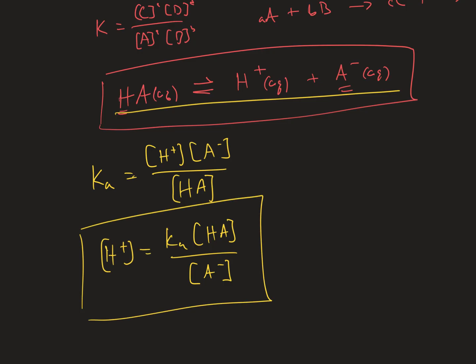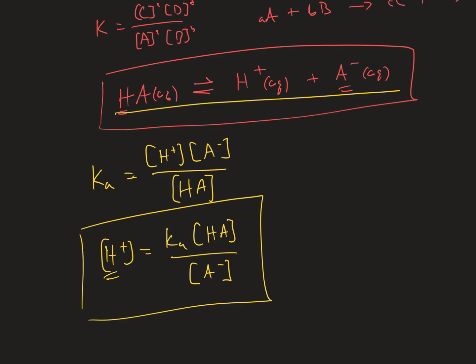So if we have the Ka value, and we have the concentration of our acid and the concentration of our conjugate base, then we can find the H plus concentration, which will then give us our pH, right? Are we okay with that? It looks a little bit like, I say Chinese because Chinese to me is like, whoa, how did they even do that, right? But it's really a new language, kind of, right?